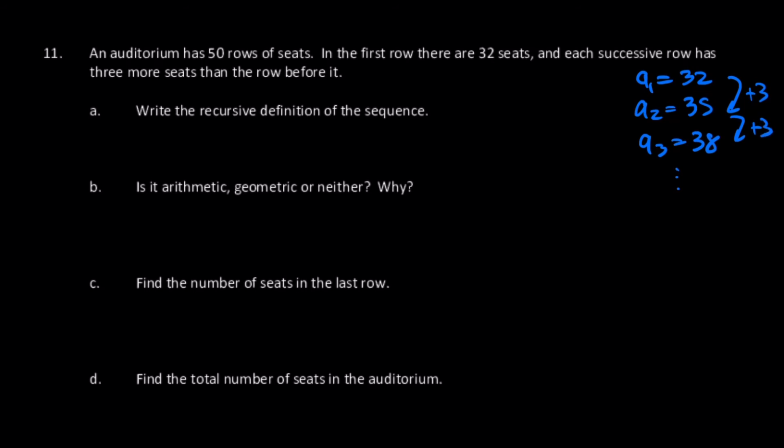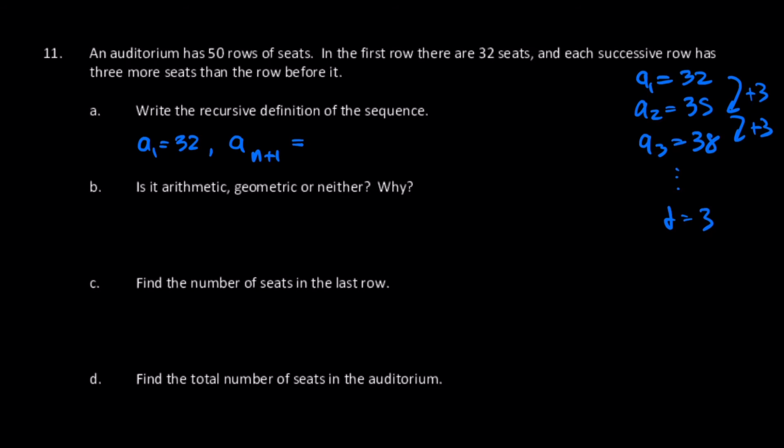I'm just adding 3. All right, it's arithmetic. A sub 1 is 32, and my value for d is 3. So write a recursive definition. Remember, the first thing you want to write down is A sub 1. You have to include that in the definition. So A sub 1 equals 32. Then you need a rule for A sub n plus 1, A sub k plus 1, whatever notation you'd like to use.